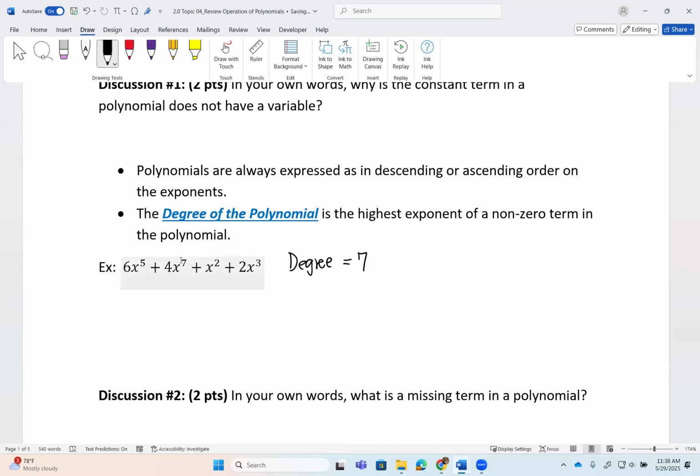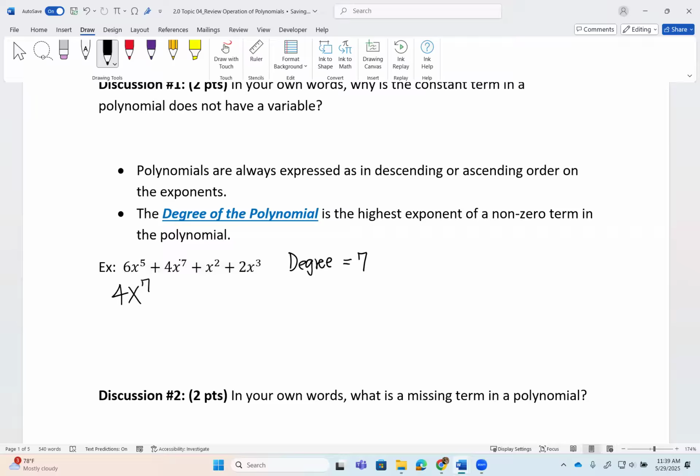The degree of a polynomial tells us what the highest exponent is. It also tells us what type of polynomial it is, okay? We will talk more about the different types of polynomial later on. But it also tells me what should be the first term. If the degree is 7, that means 4x to the 7th power should be your first term.